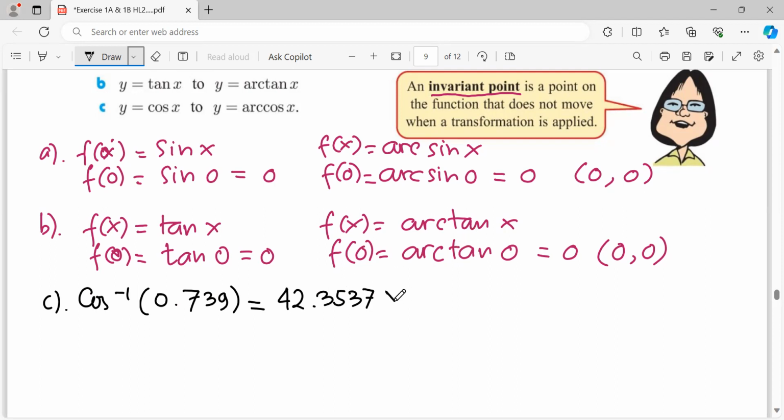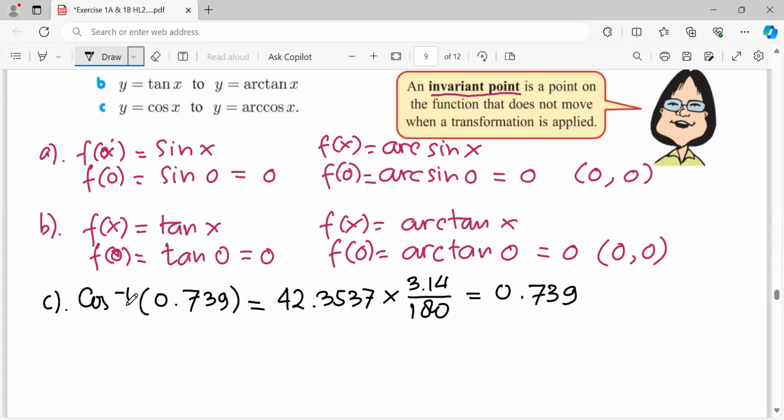I will convert this degrees to radians, times 3.14 over 180. It will be 0.739.